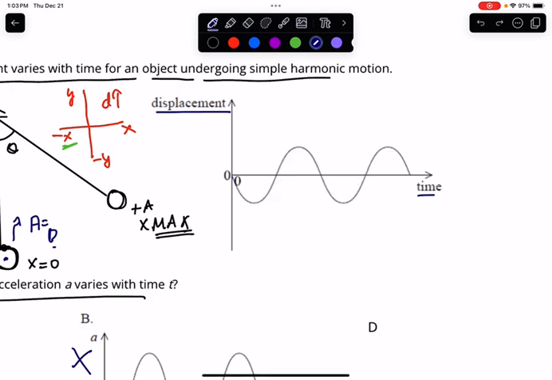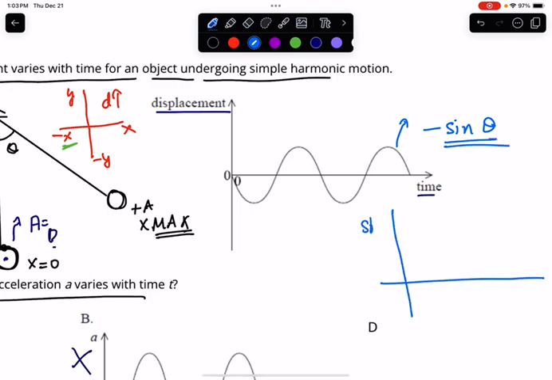Now, what you can see is that, you have to train yourself for this, but this function will represent negative sine of theta, okay? So if we look at sine of theta versus theta, we know that sine of theta oscillates from positive 1 to negative 1.